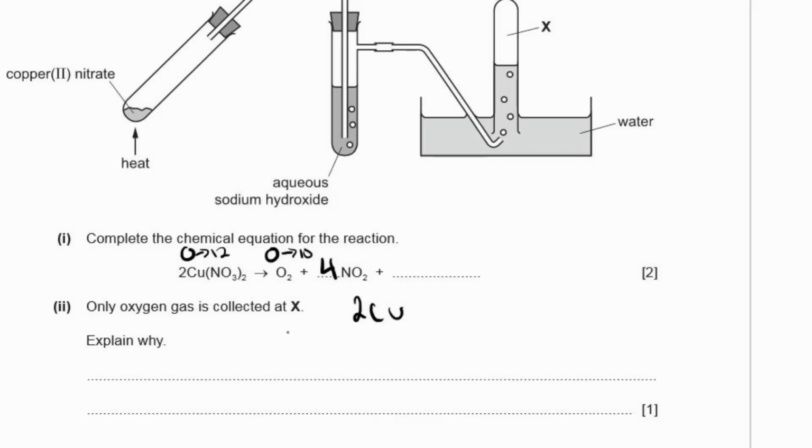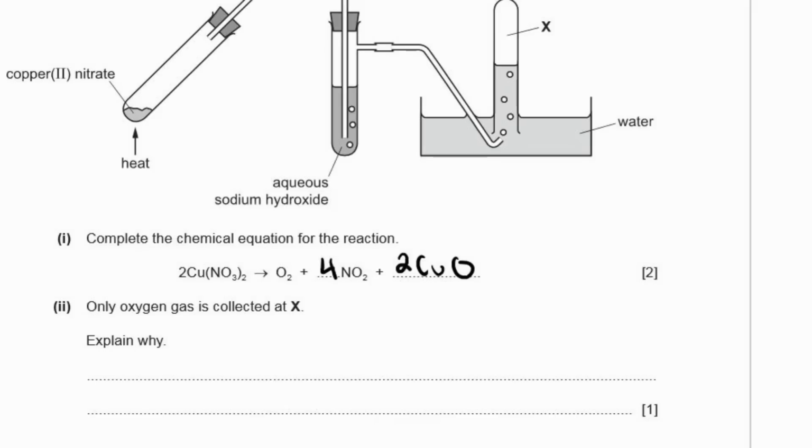So we have 12 oxygens. So we're missing 2 oxygens and 2 coppers. Okay. All right, so what can we create with this? What we can create with this is 2CuO, 2 copper oxides. All right, so that is the formula.